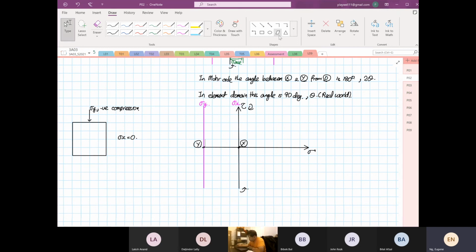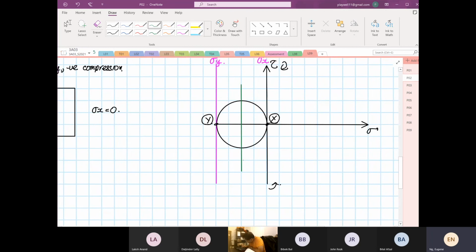Okay, then we can draw a circle. And now what you realize is our stress average is in compression now. So the distance from here to here is your stress average.